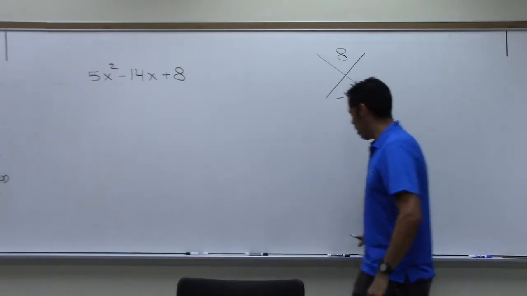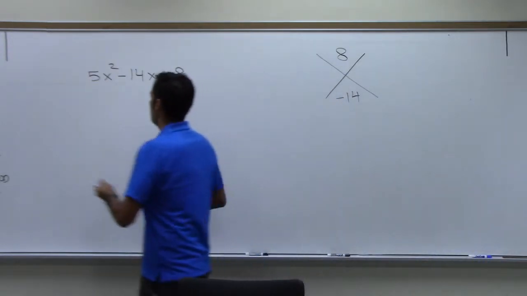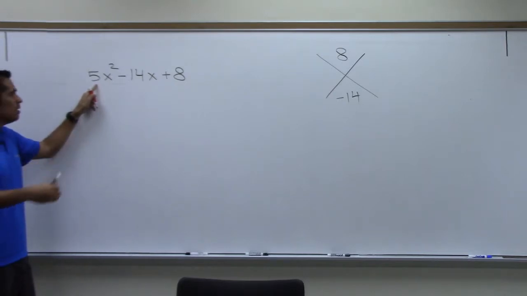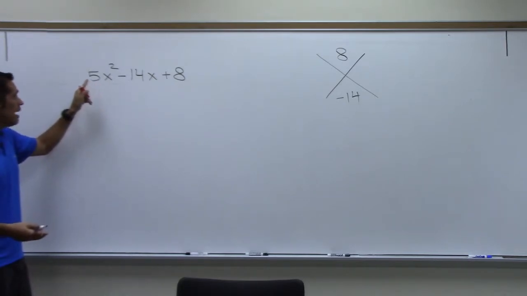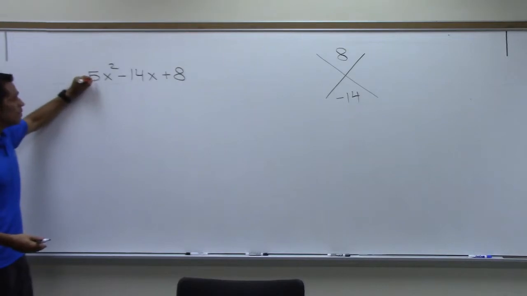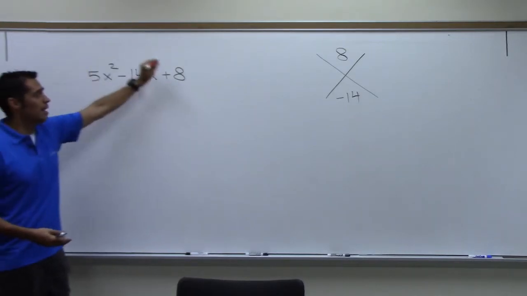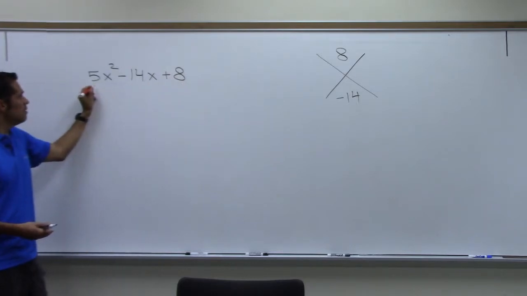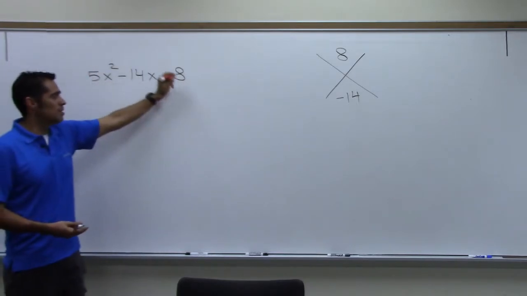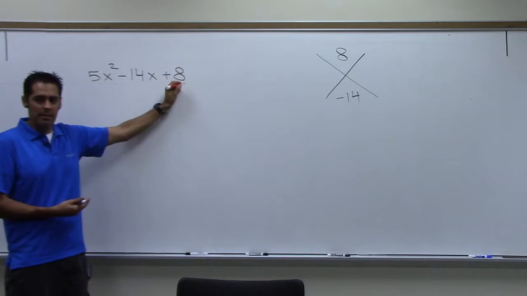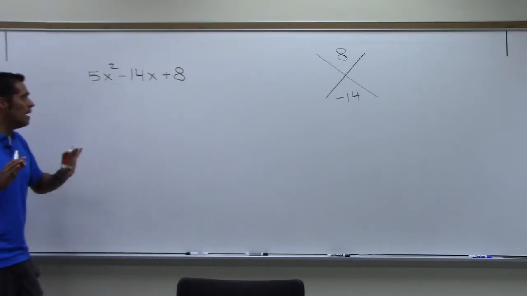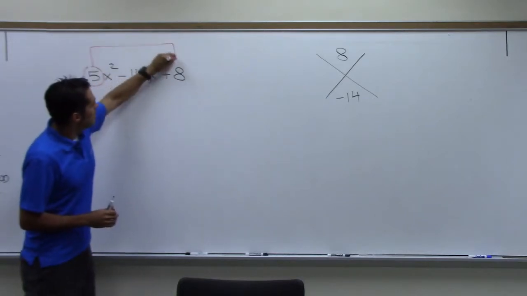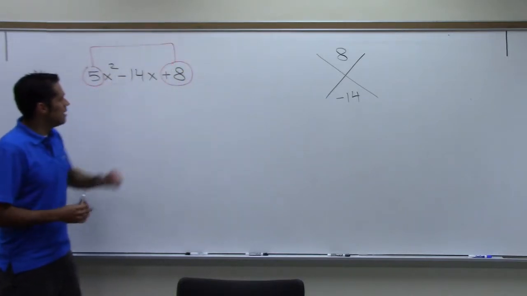Here's why. The problems that we did before, we had a 1 out here, didn't we? It was always just x squared. What I didn't tell you is that what you were actually doing was taking the number back right here and multiplying it times the number there. If this was 1x squared, it was always just 1 times that number, so it was just the back. For the proper AC method, what you have to do is take this number and multiply it times this number, and keep track of the signs.